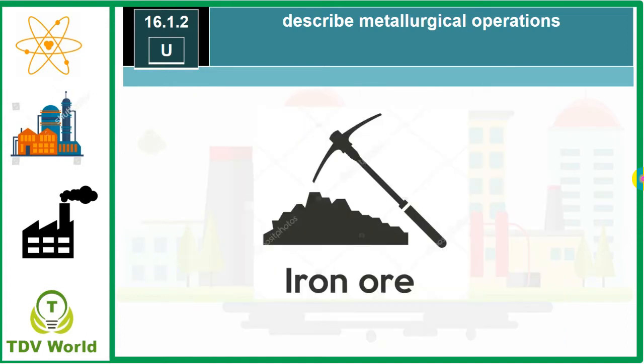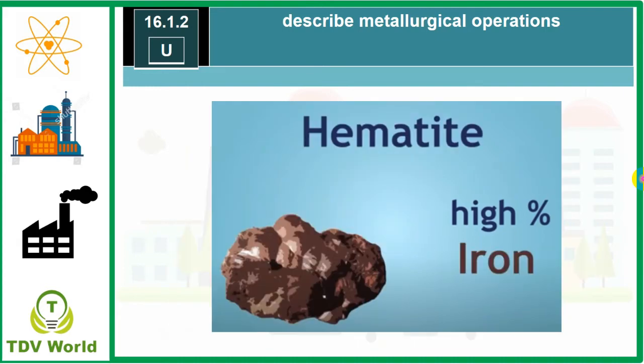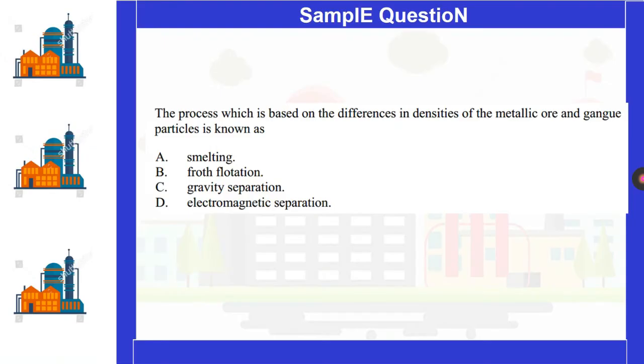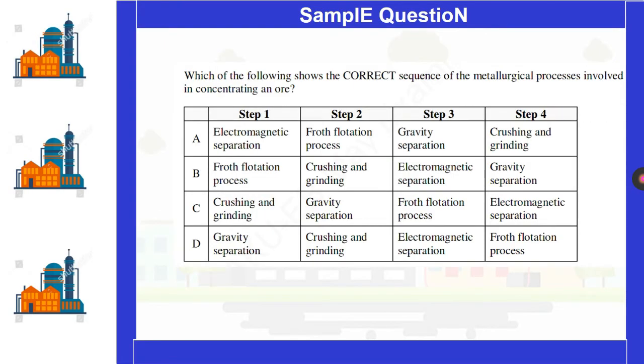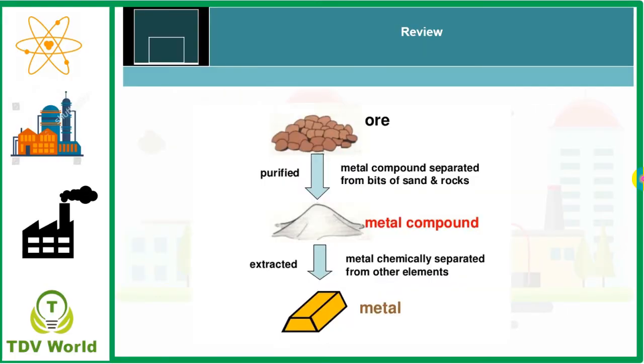So this video is about extraction of metal, and specifically we will be talking about iron, right? Extraction of iron is our today's topic. And you know that first we have got this ore, let's suppose this is an iron ore, right?